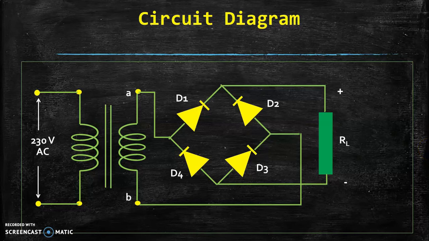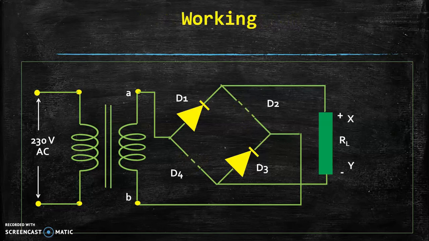So this is our circuit diagram, and now let us see the working of the circuit diagram. In case of positive half cycle, point A is more positive compared to point B. In this condition, diode D1 as well as diode D3, both the diodes are forward biased. They start conduction.